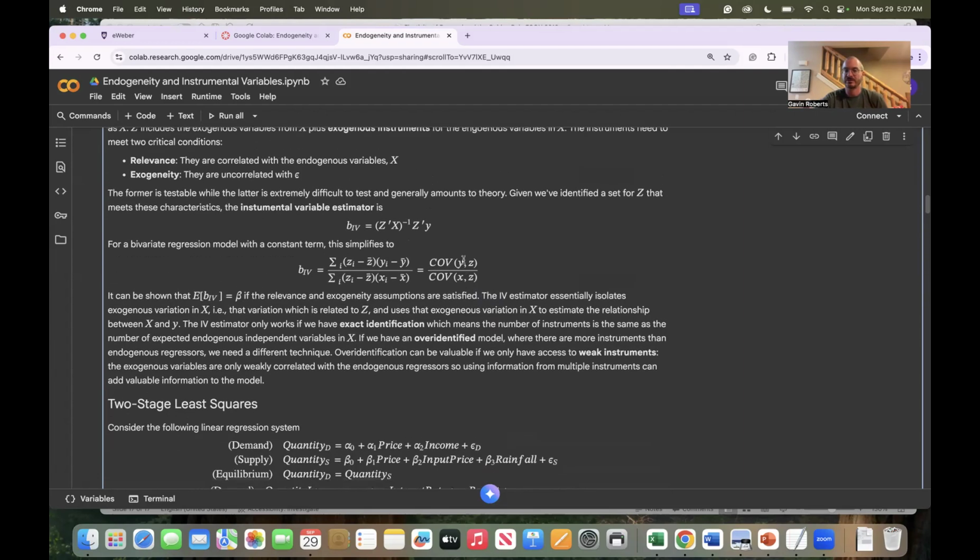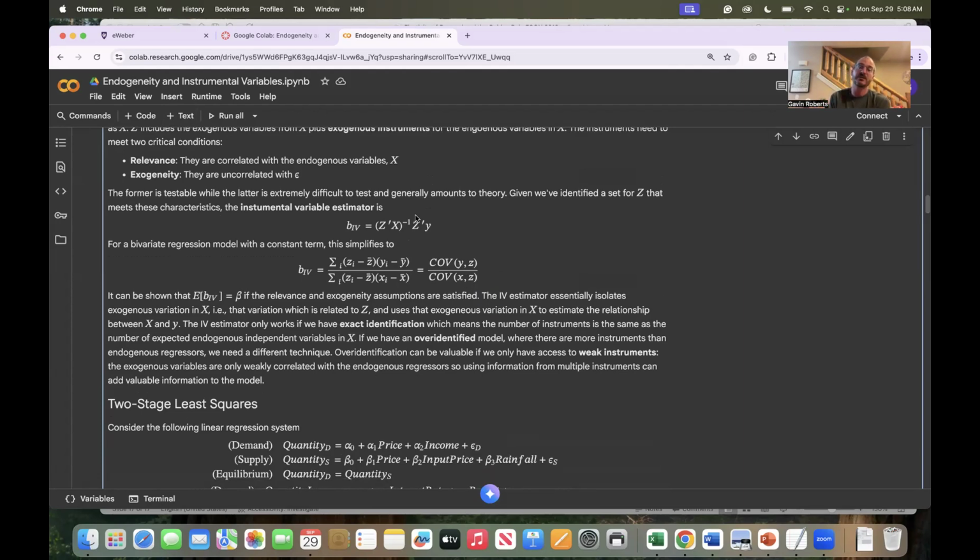Basically, what you can show this is doing is running a regression of X on Z, so predicting X with Z. If Z is relevant, we should get reasonable predictions of X. And then we're using those predictions of X based on Z in our main model. That's all happening in this math right here. The reason that works is because we have relevance.